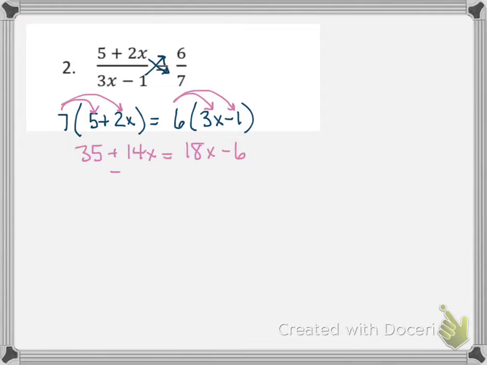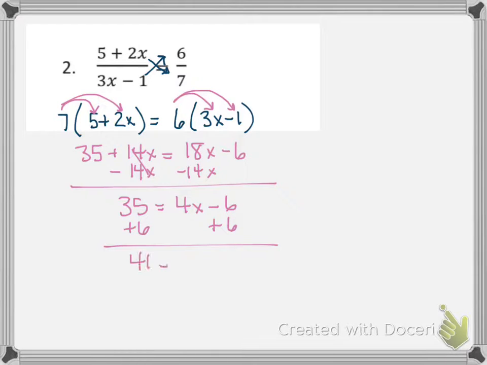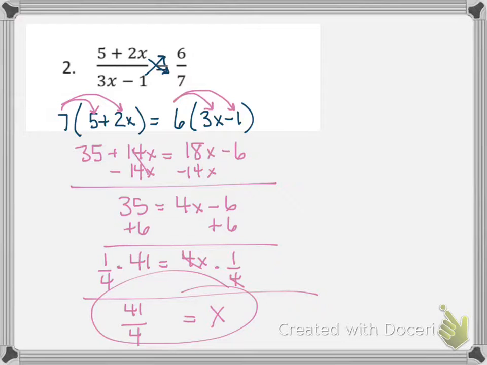All right, let's get all of our variables on the same side. Subtract 14x from both sides. We get 35 is equal to 4x minus 6. And then we're isolating that variable, so I'm going to undo subtraction with addition. And we get 41 is equal to 4x. And then multiply by the reciprocal. The 4's cancel, we get x equals 41/4. That's my answer.